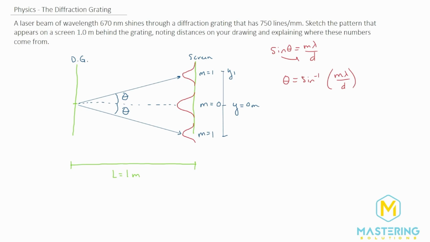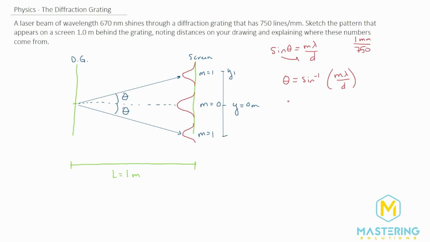Sometimes students will do 750 divided by 1 millimeter. That's incorrect because for every 1 millimeter, there are 750 slits. So we need to take 1 millimeter and divide it by 750. That will give us the correct grating distance between every slit.